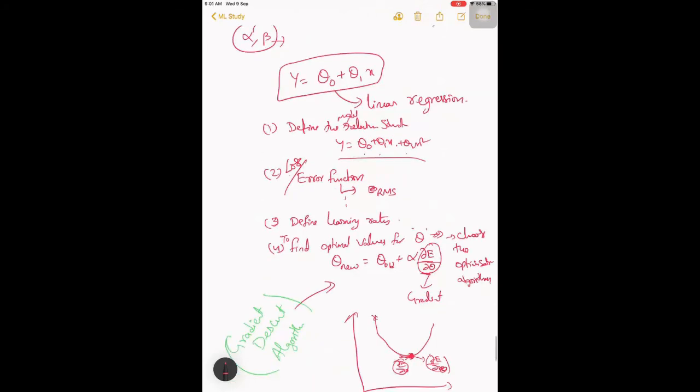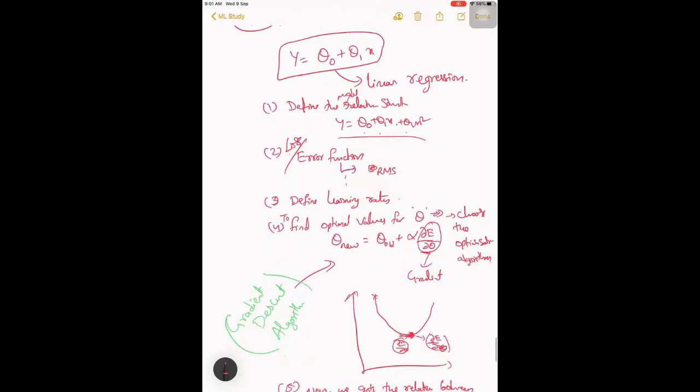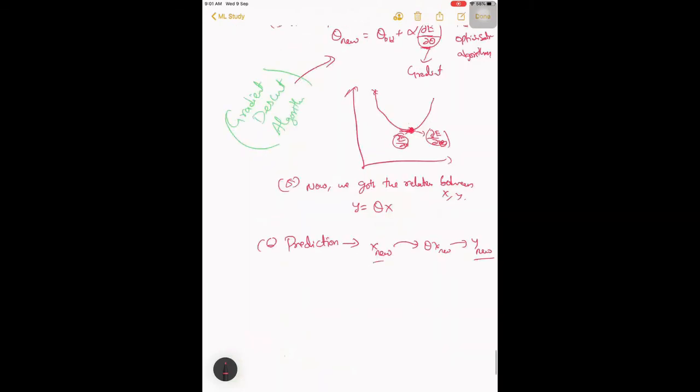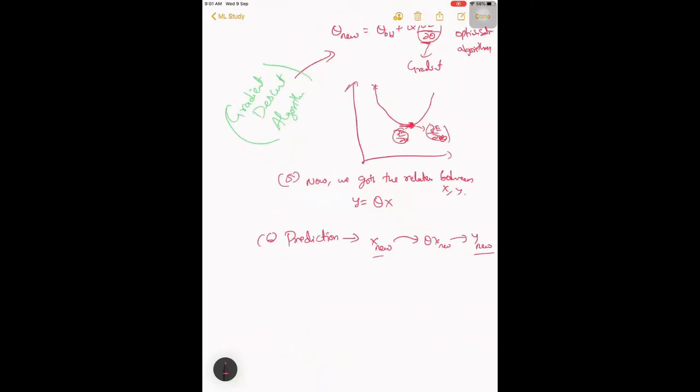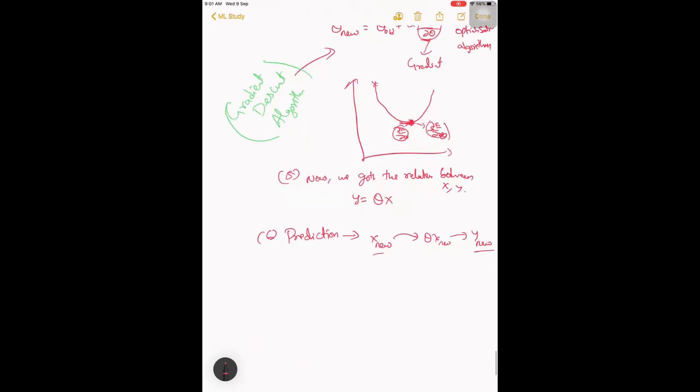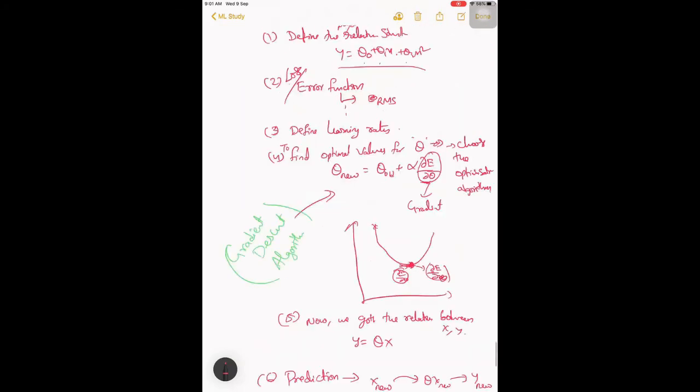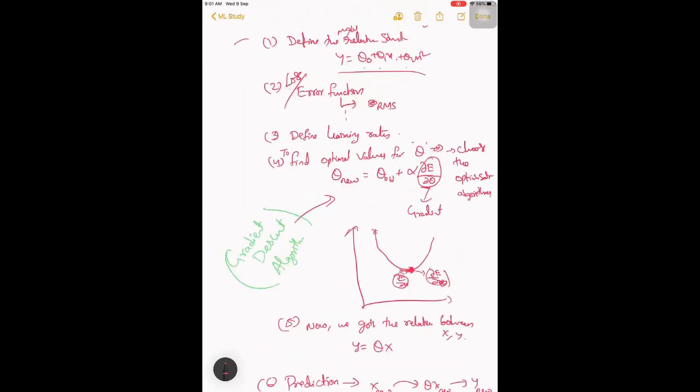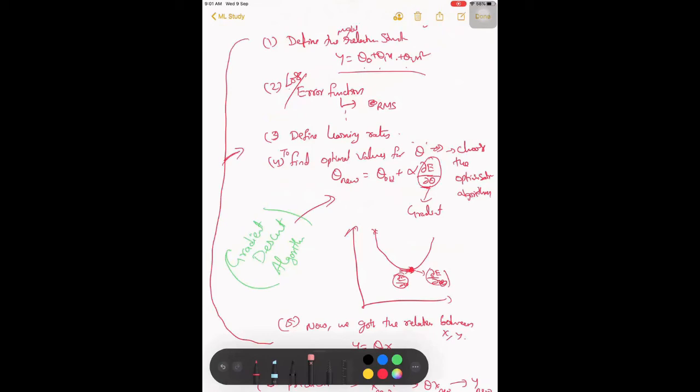Initially it follows these steps and finally finds your relation, so it actually trains the model. This entire process, from here to here, we call training the model.